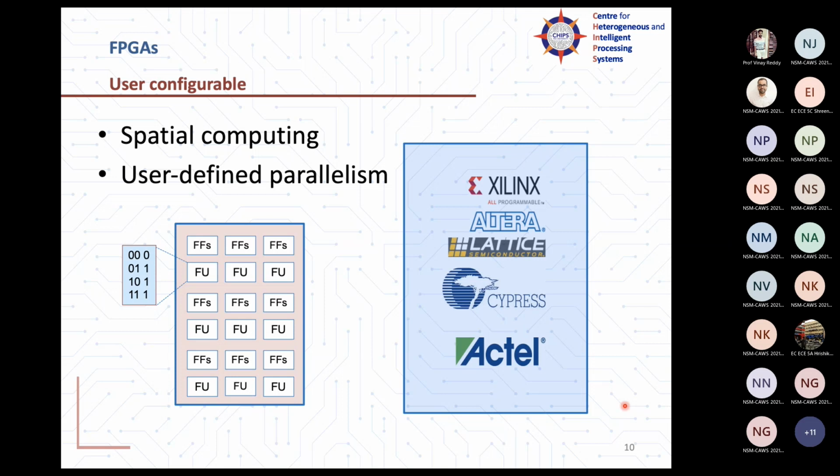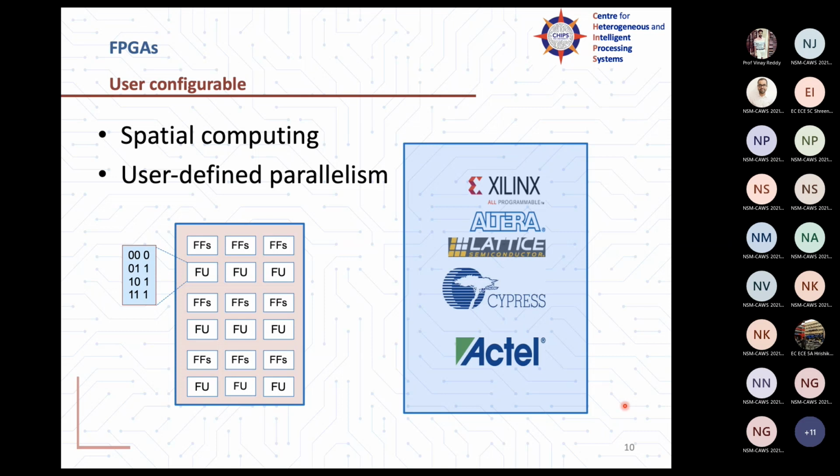They are spatially distributed, they are spatially available, so it's called spatial computing. There is no reuse that happens over time, like in instruction set architectures where we follow the instruction pipeline. Here, operations happen as and when required by the application.